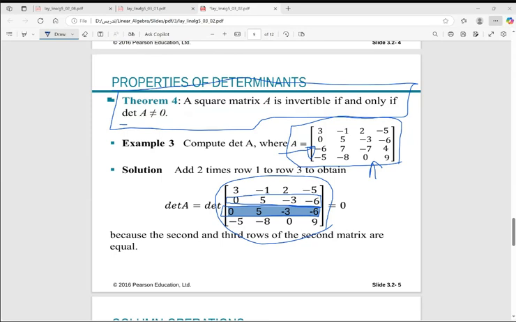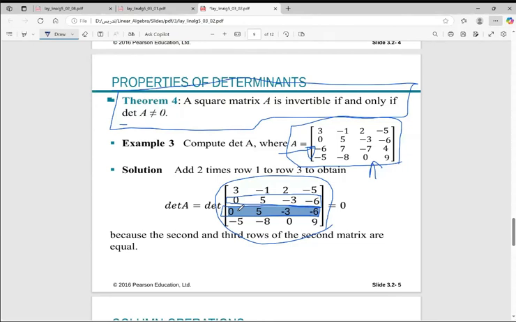So when a matrix has two rows with the same entries, like this matrix, row 2 and row 3, you can replace the third row with the sum of the third row and minus of the second row. In this case, the third row will become 0, right?